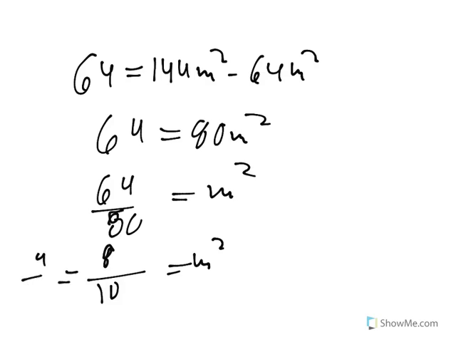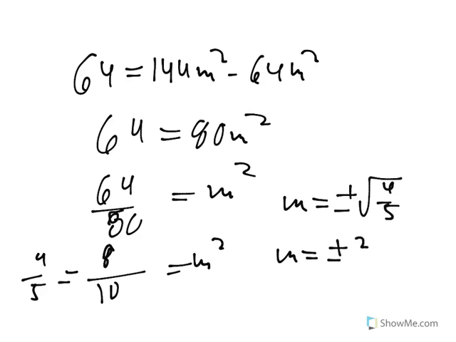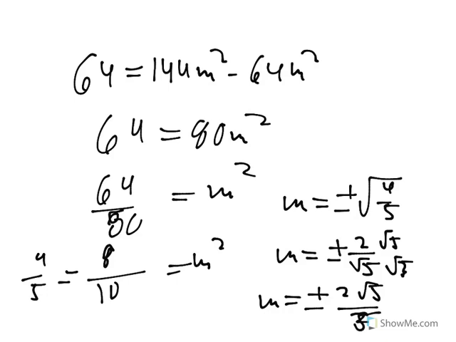Reduces even more to 4/5. So m is plus or minus the square root of 4/5, if you like, 2 over radical 5, and if you like even more, rationalize the denominator, 2 root 5 over 5.